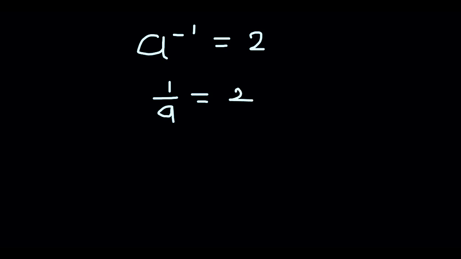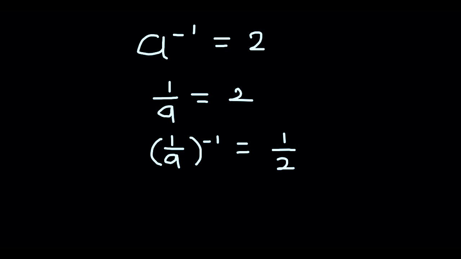The next one, which is a power of minus 1 equals 2. So to solve this, this becomes 1 over a equals 2. If we take the inverse of both sides, we have 1 over 1 over a equals 1 over 2.